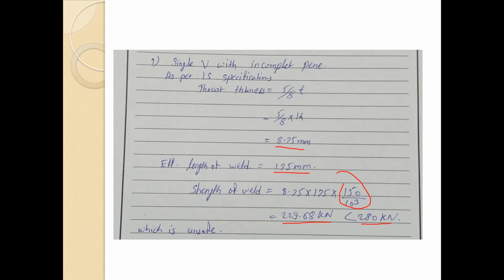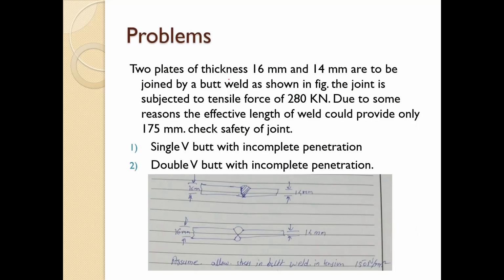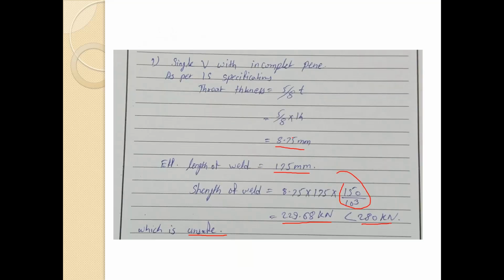So the connection is unsafe because we are designing it for the 280 kN. And remember, we are checking the safety of the joint only. So in case of single V incomplete penetration, it is unsafe.